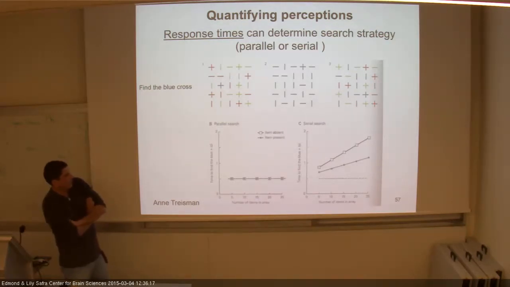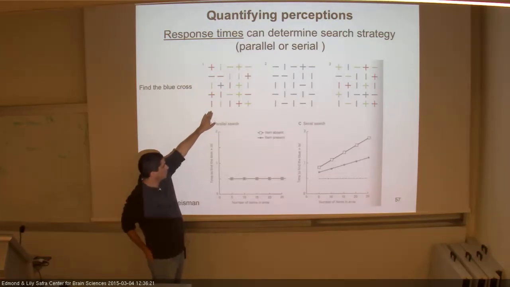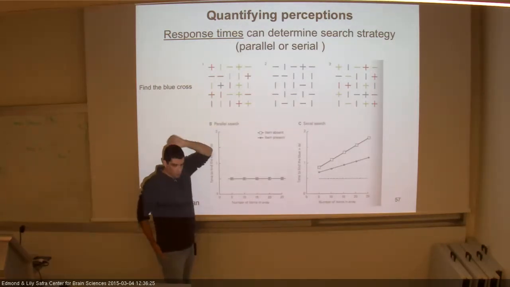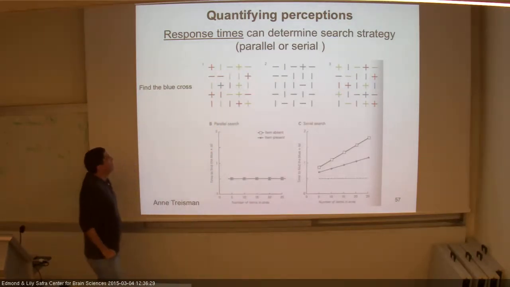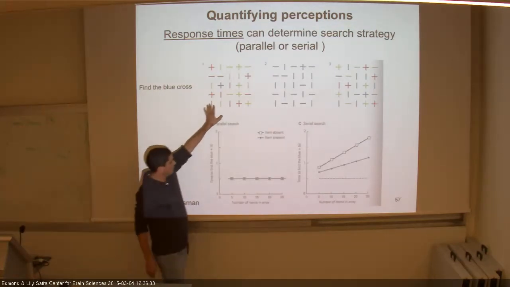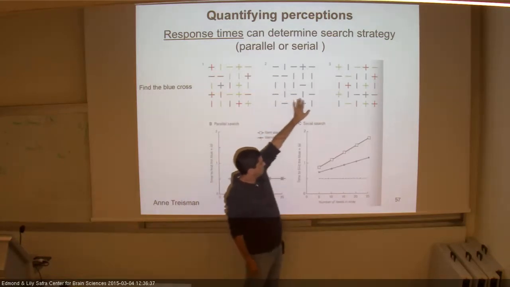But so if you look at this kind of task where one has to differentiate where is the blue cross in this type of task, okay, so the task is to find the blue cross. You can have this kind of matrix, this kind of matrix, and this kind of matrix.